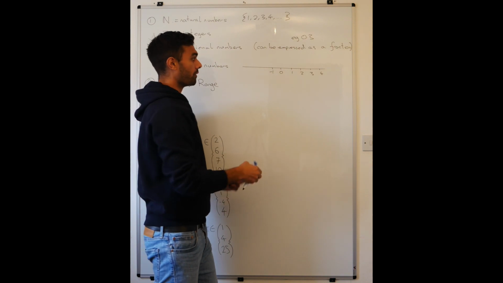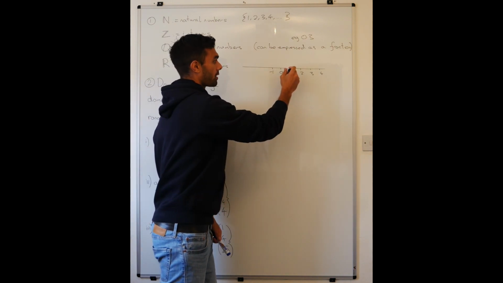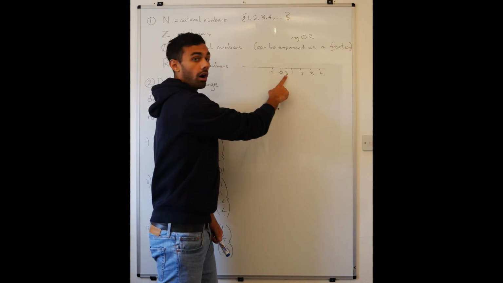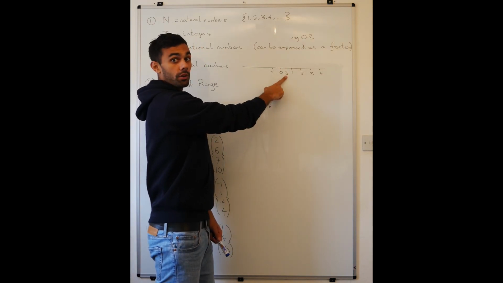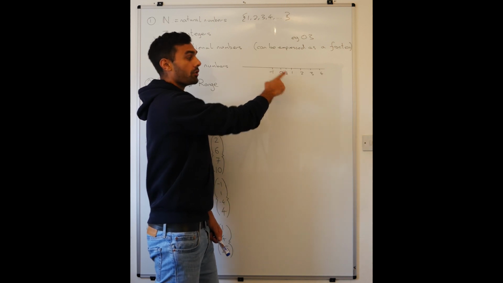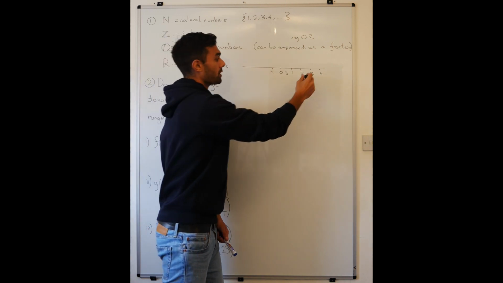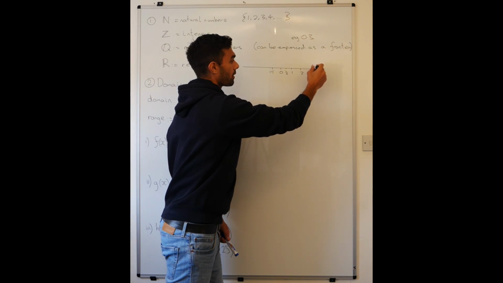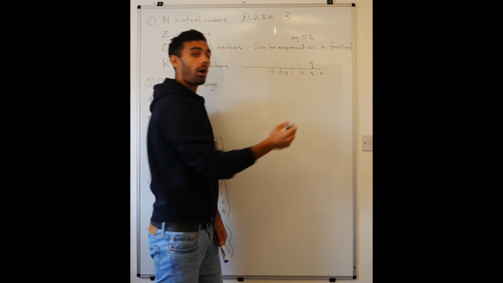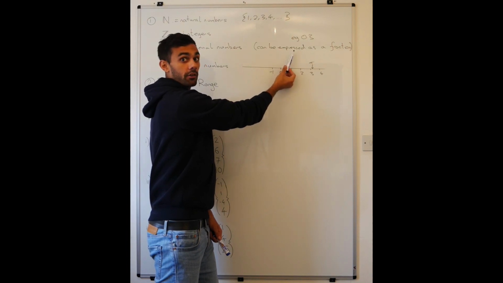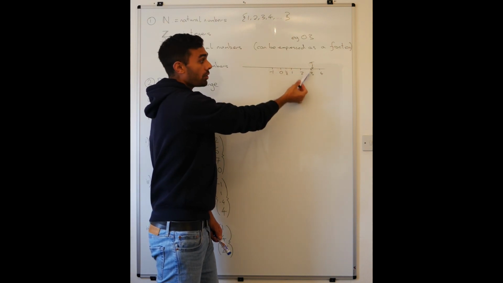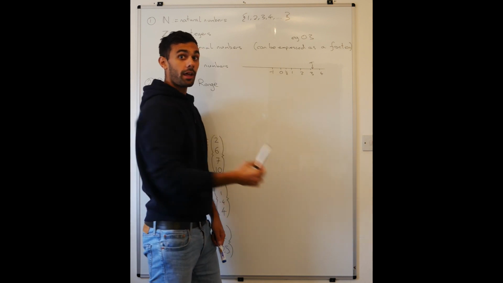You can also find numbers like a half, which are rational, but because you can find them on this line, they're also real. And you can also find numbers like pi, which can't be expressed as a fraction, so they're not rational, but you can find them on the number line, hence they are real.